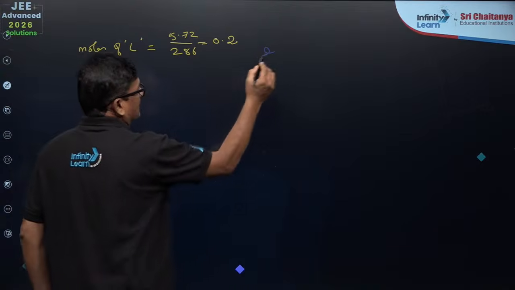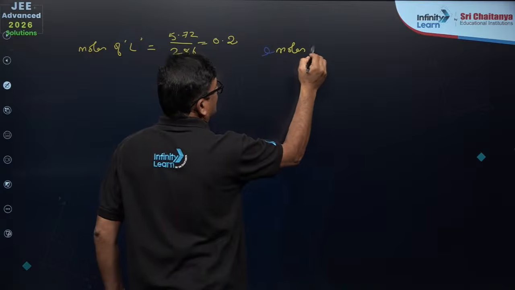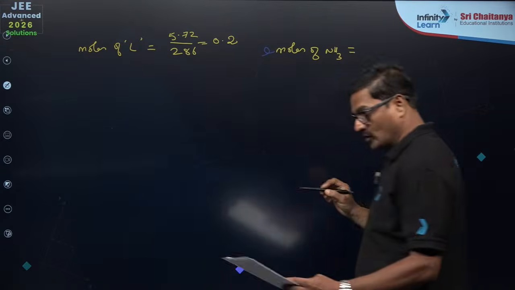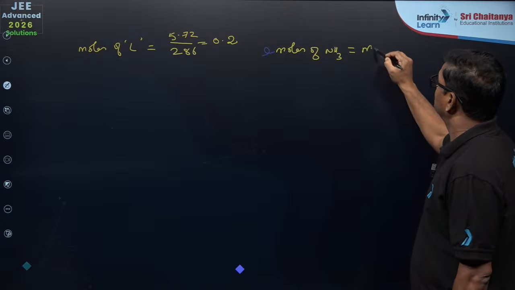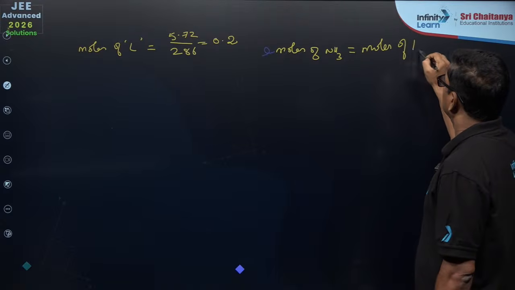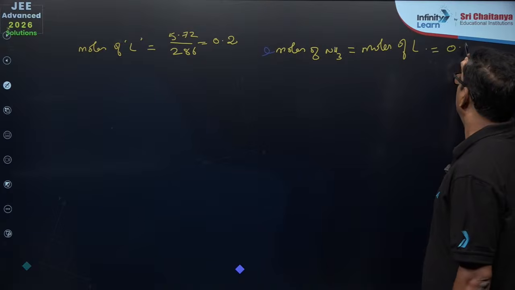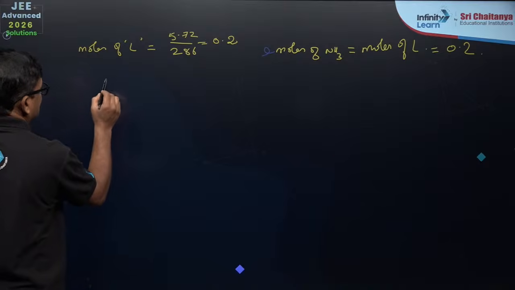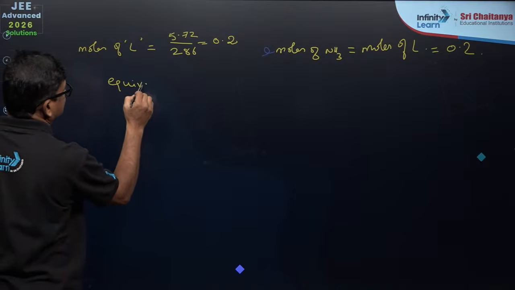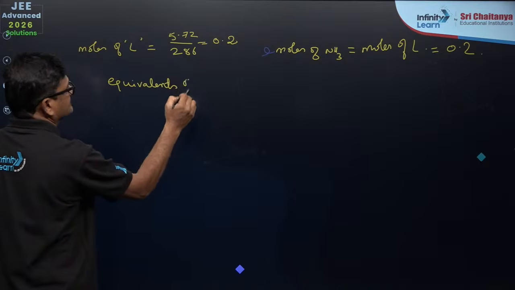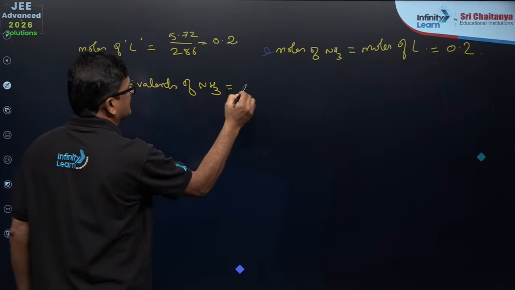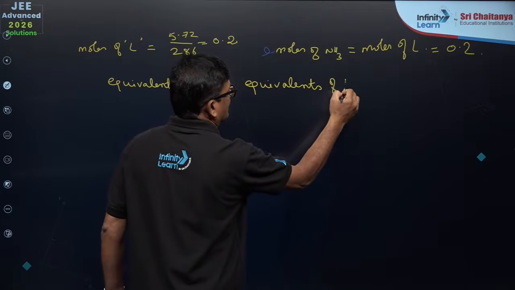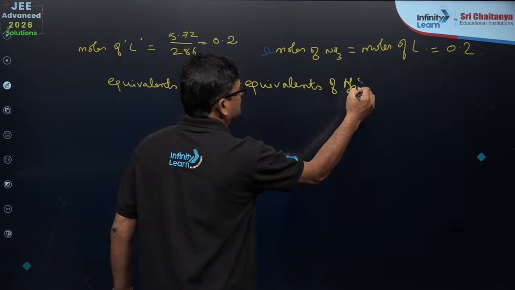So moles of NH3 is equal to moles of L, so you got it is 0.02. Fine. And equivalents of NH3 is equal to equivalents of H2SO4.